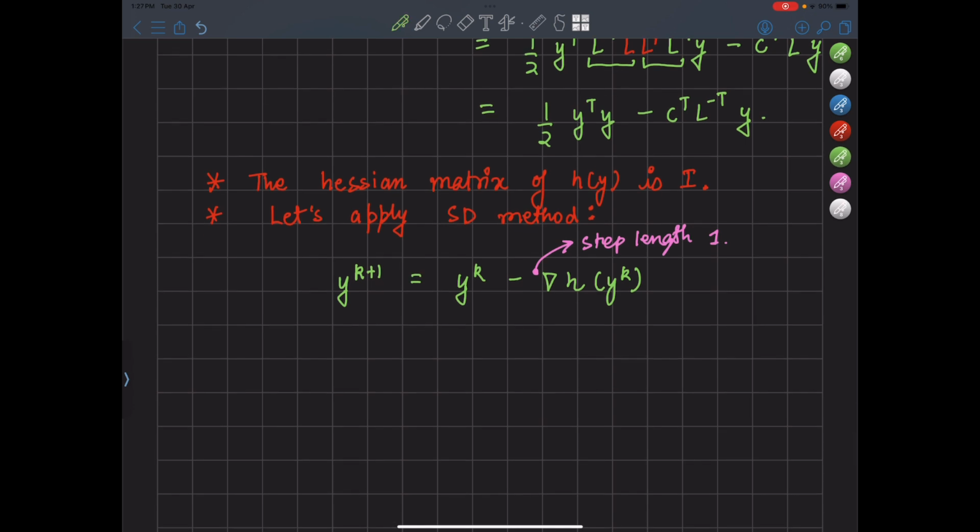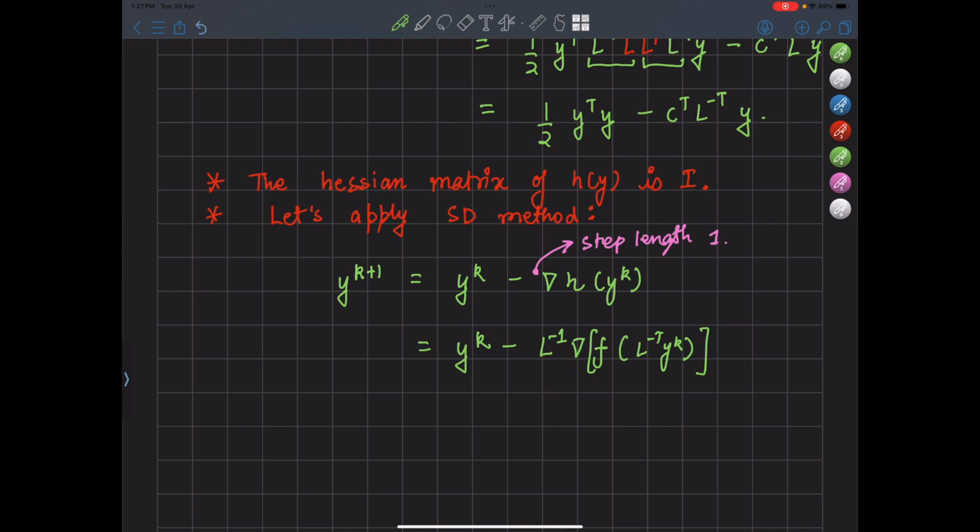Now this can be written as y(k) minus delta f of L inverse transpose y(k), into L inverse.